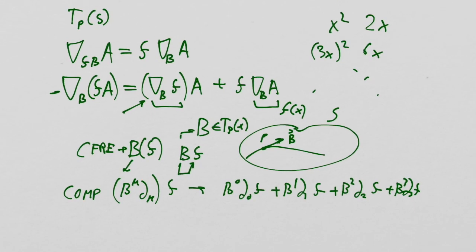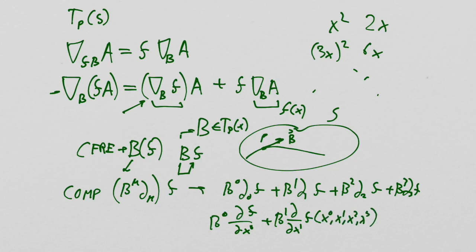And then this is going to be df/dx^0 b^0. I'm just expanding the notation a little bit. Plus b^1 d/dx^1 of f. And here, if I really wanted to, I would write f of x0, x1, x2, and x3. And this is simply the partial derivative of f with respect to the variable x1, of which it is a function, because it is a function on the space-time.